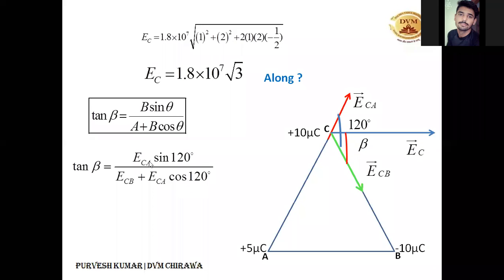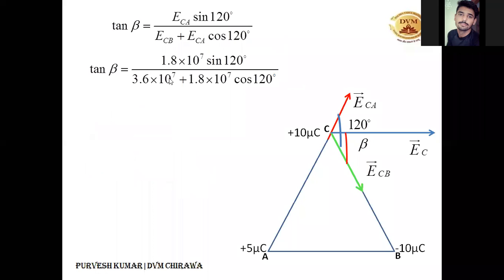So in place of ECA, I write 1.8 into 10 to the power 7. In place of ECB, I write 3.6 into 10 to the power 7. And again in place of ECA, 1.8 into 10 to the power 7, cos 120 is minus half, and sin 120 is root 3 by 2.